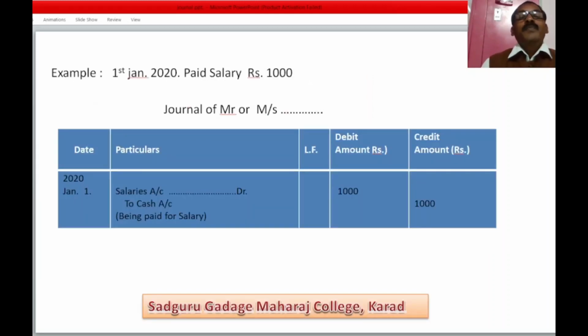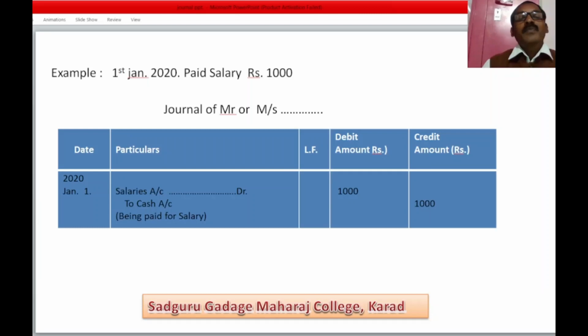For example, on 1st January 2020, paid salary rupees 1000. This transaction is recorded in the journal. First give a title, journal of Mr. or Mrs. and so on. Then in the date column, the date of the transaction, 1st January 2020: first the year 2020, then the month January, then the date 1.